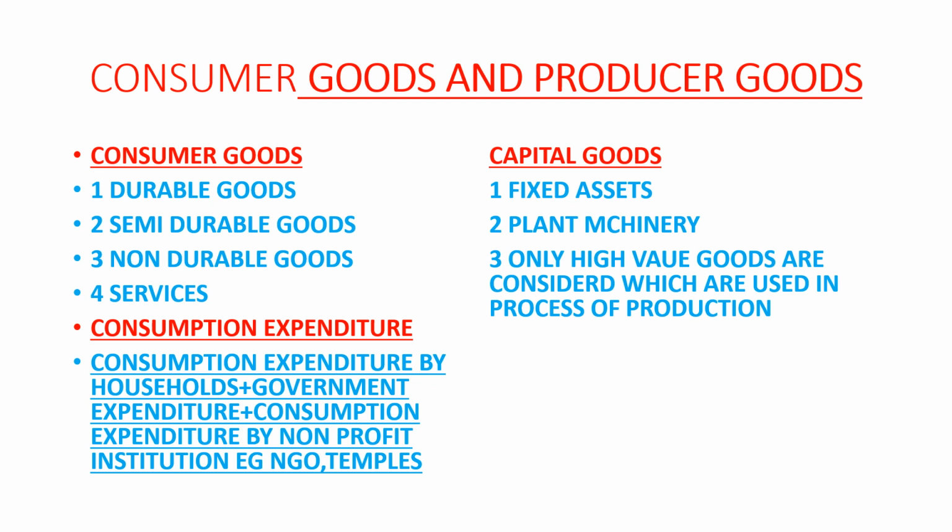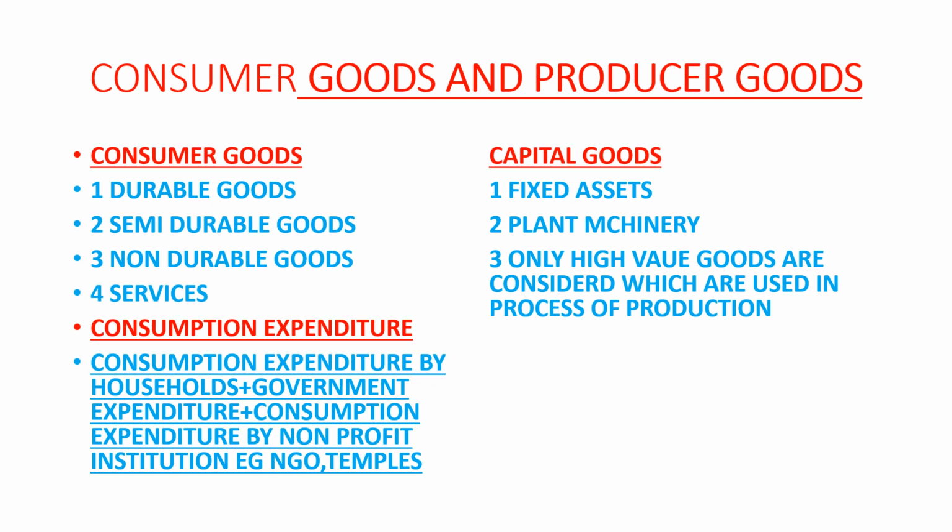Then we have consumption expenditure. Consumption expenditure by households, government expenditure, consumption expenditure by non-profit institutions. So, consumption expenditure by households. Households spend money on many products, eatables, like clothes, like shoes, and durable and non-durable items.